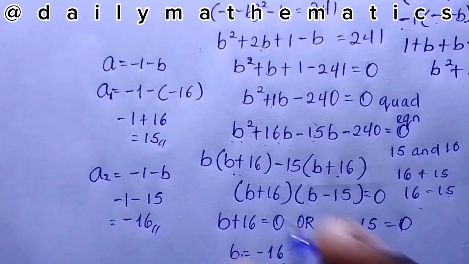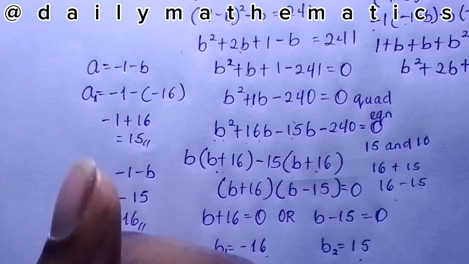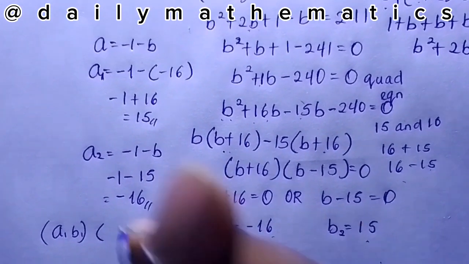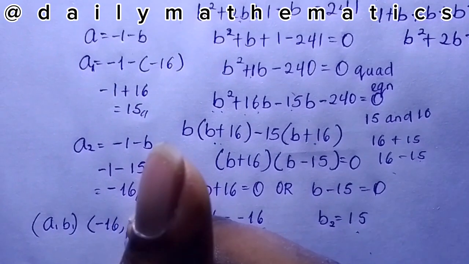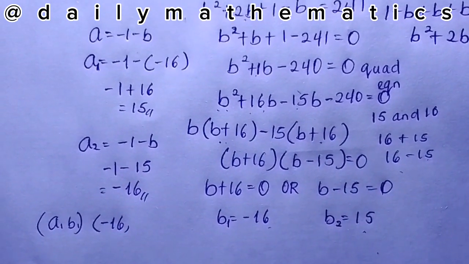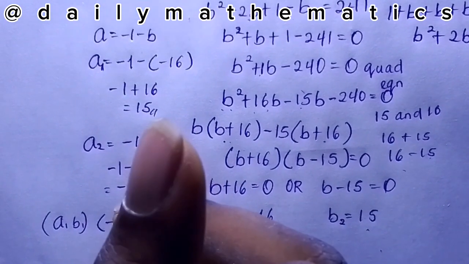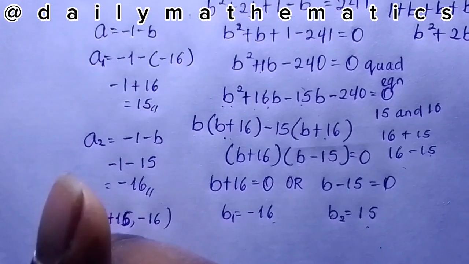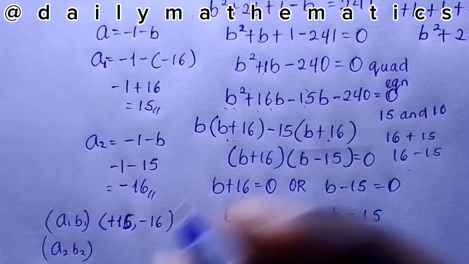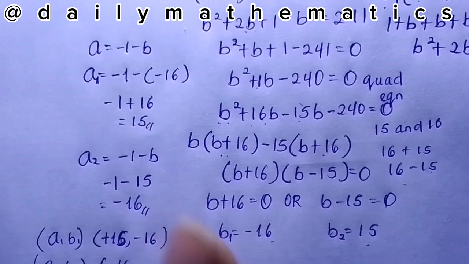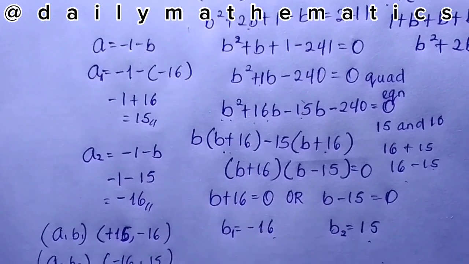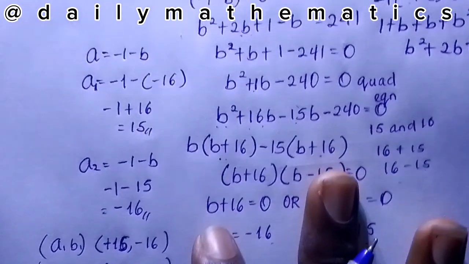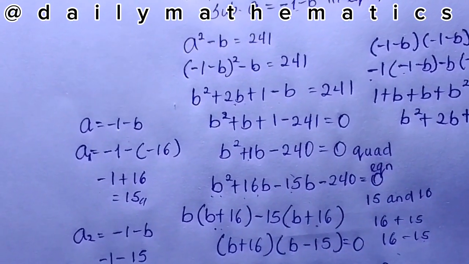So from here we have a1, b1 to be 15 and minus 16, and a2, b2 to be minus 16 and 15.